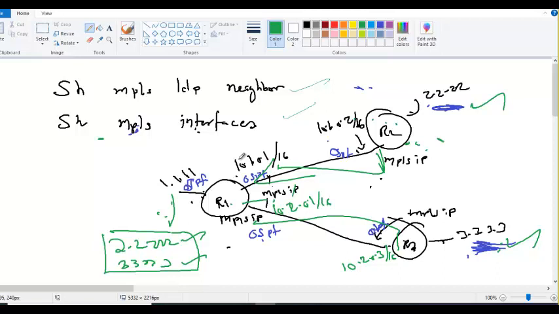Multi-area is not recommended. These are all very good questions. Multi-area is not recommended, though it is possible. Single area, single flat area.